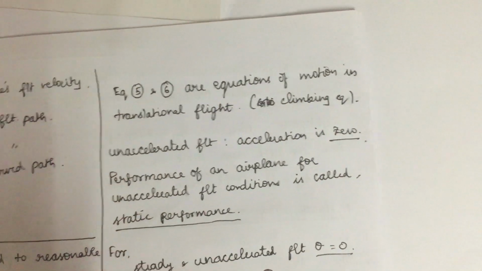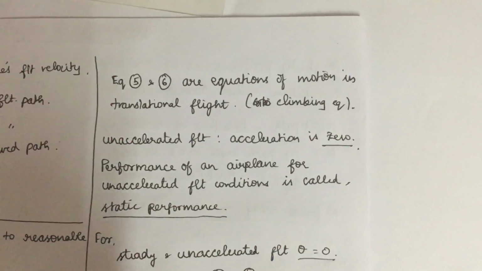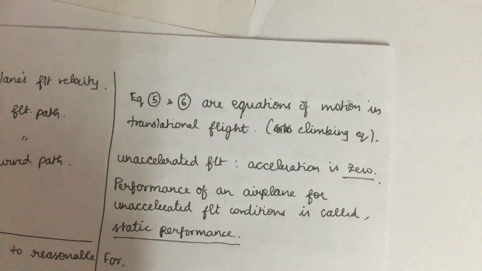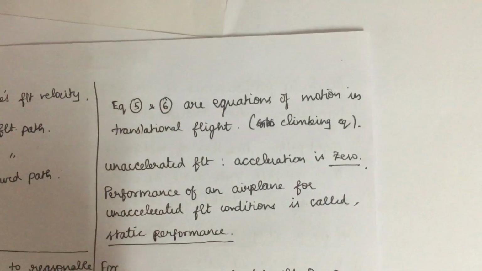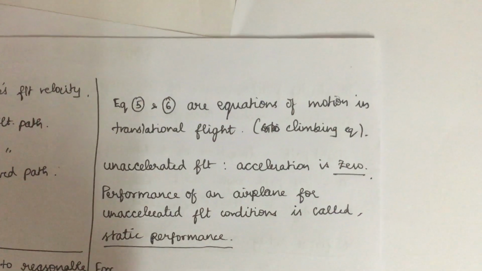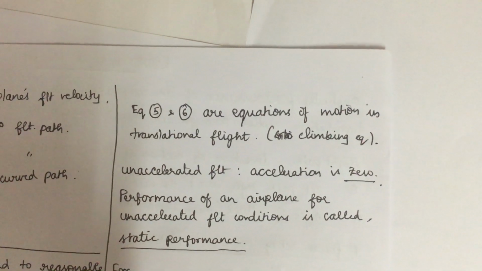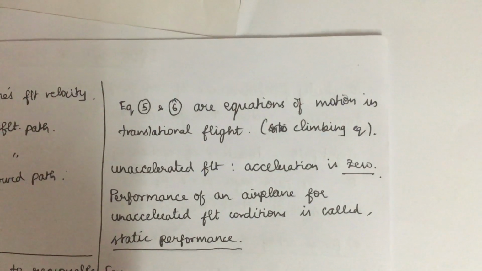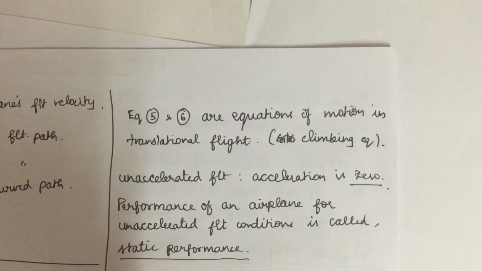Equations 5 and 6 are the equations of motion in translation flight, that is your climbing equation. When the aircraft is in the climbing stage, the equations that I am going to use are equation number 5 and equation number 6.